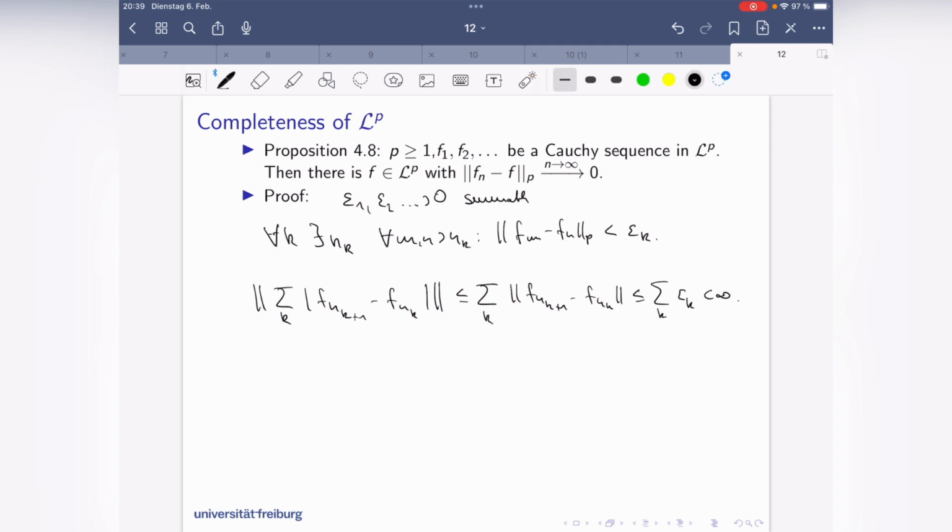So fn1, fn2, and so on are converging to 0 almost everywhere, which means if I plug in some value, for almost every omega, this is a Cauchy sequence.